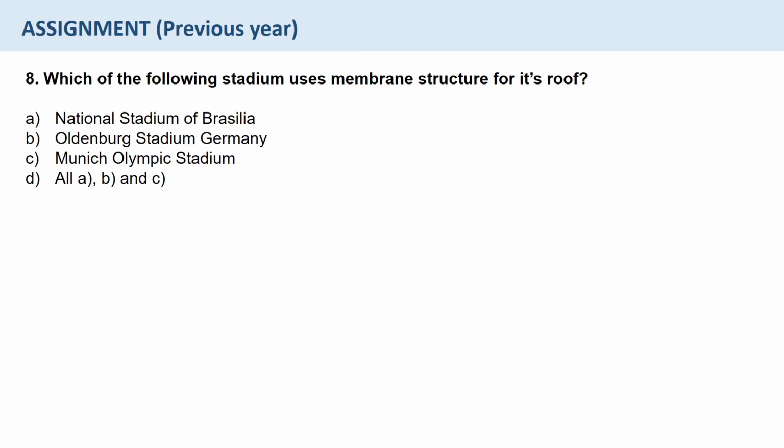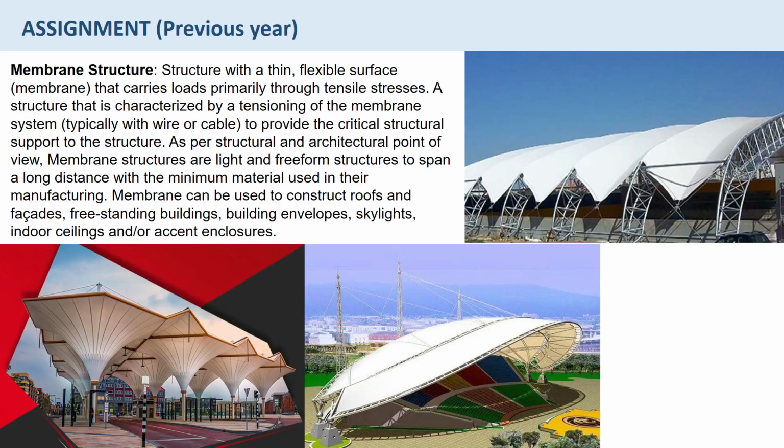Question 8. Which of the following stadiums uses membrane structure for its roof? National Stadium of Brasilia, Oldenburg Stadium, Germany, Munich Olympic Stadium, all A, B and C. So what is a membrane structure?